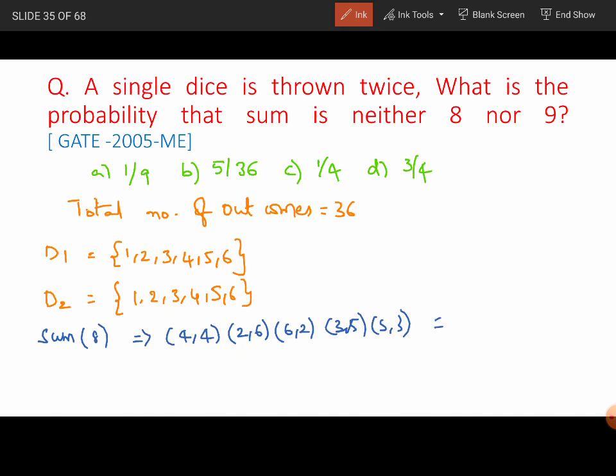So how many favorable cases? If I write the probability for the sum equal to 8, it is 5 by 36.